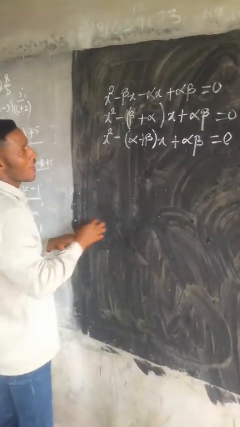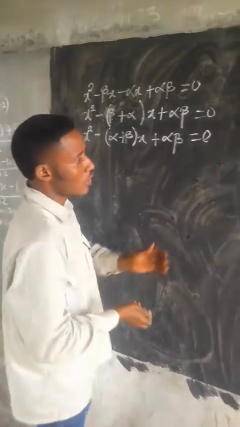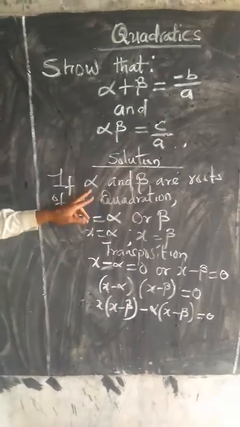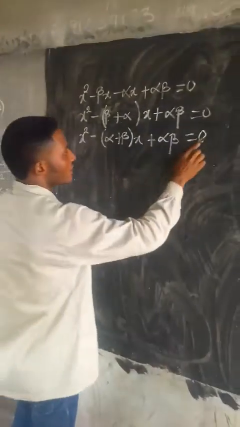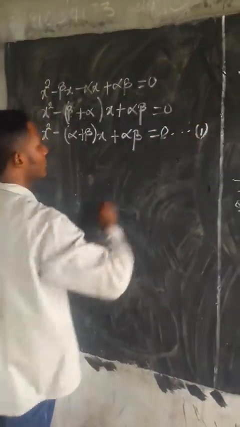So at this point, we have actually formed the equation whose roots are alpha and beta. We call this our equation 1.